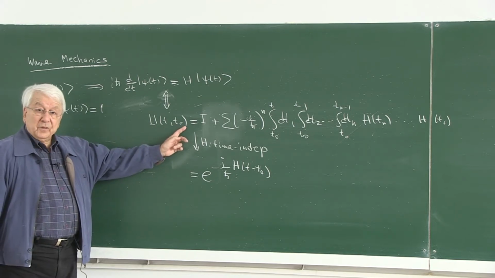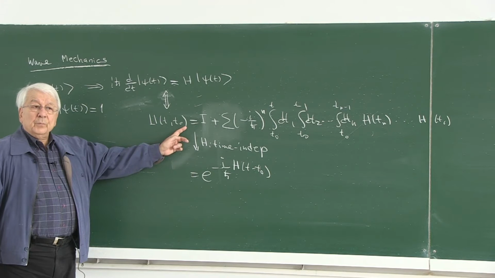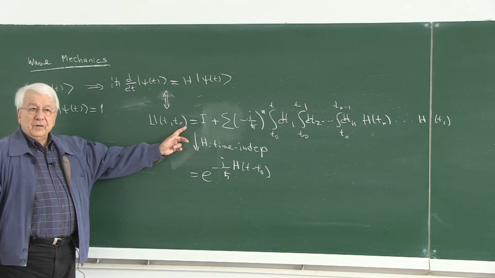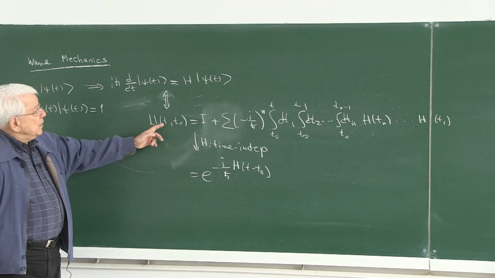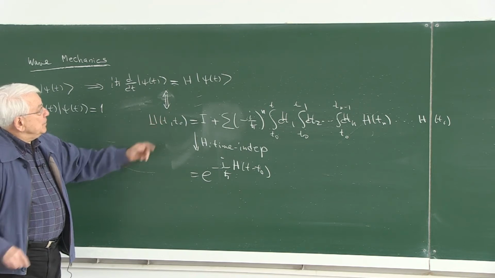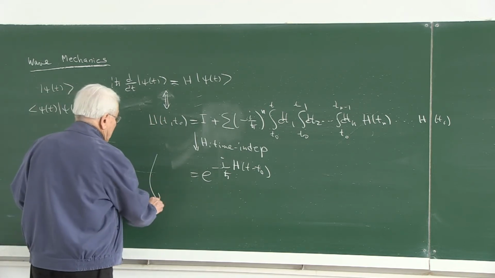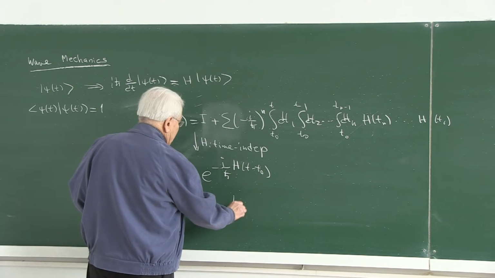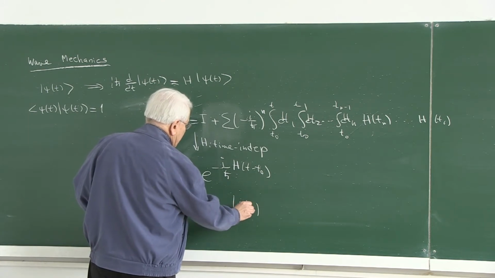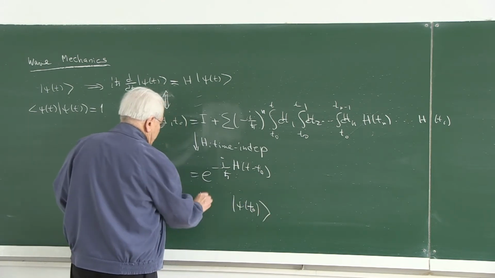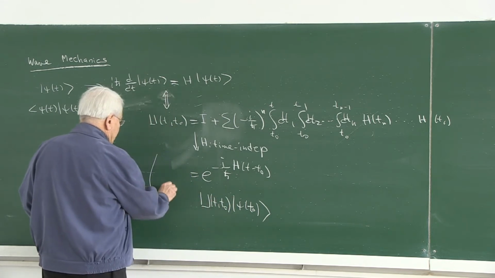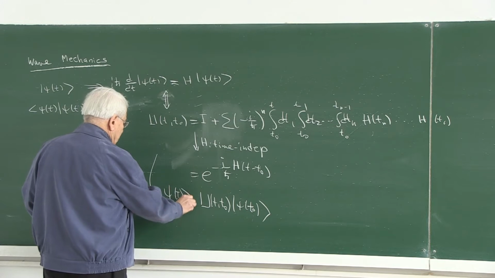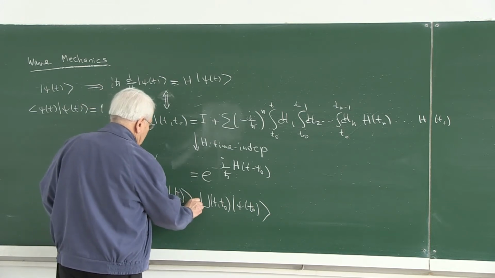You start at a time t0, you prepare a state, you know everything about this, and then you would like to predict the value of the psi at a future time t, and this is the operator, and when you take this operator and act on the initial state, psi t0, this U(t, t0) gives you the future state in a causal, unique manner.